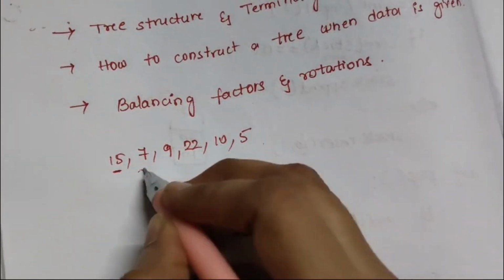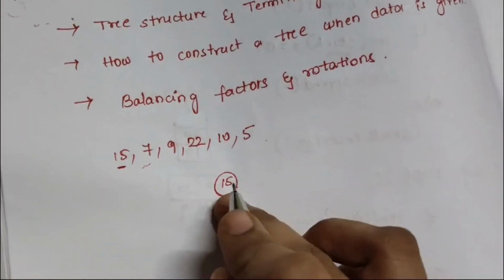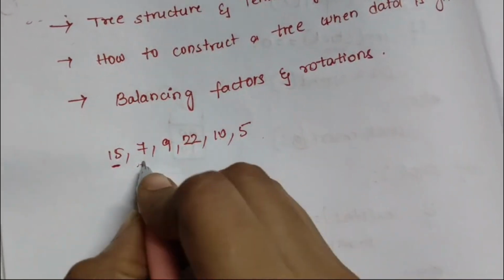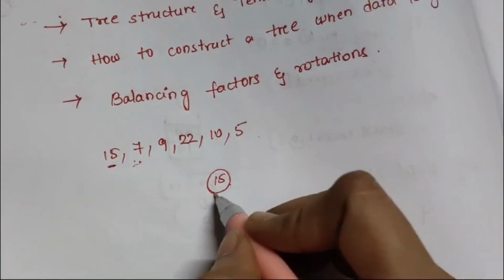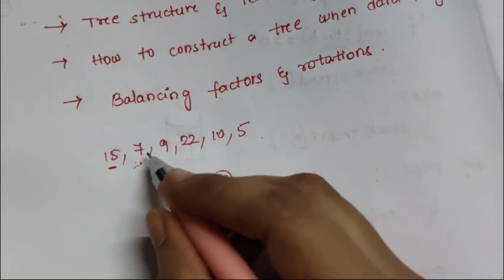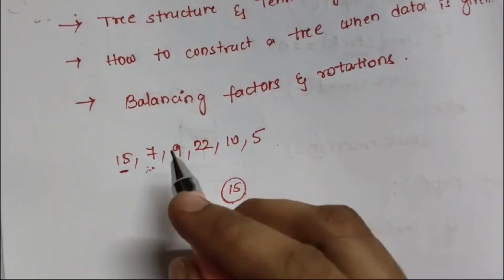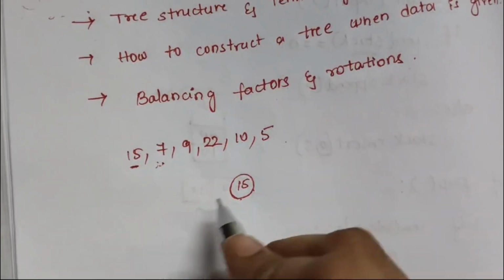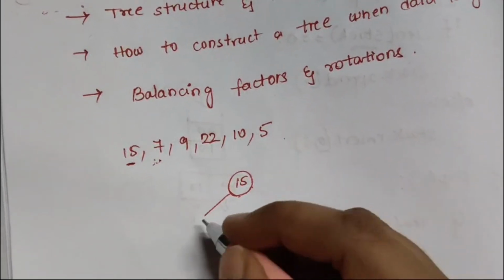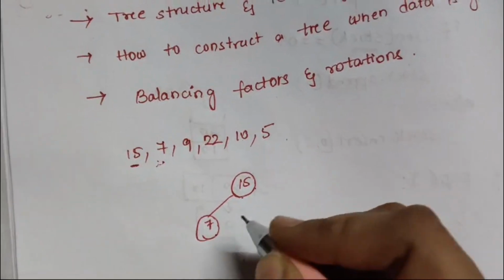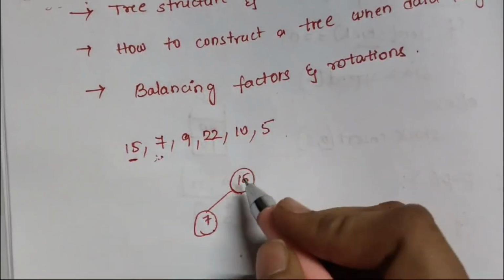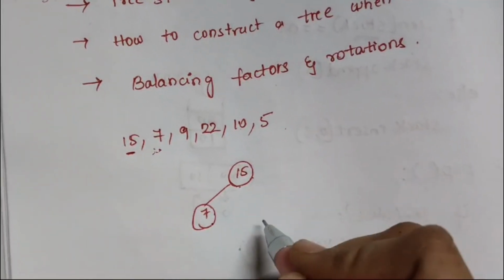And the next number, you need to compare it with the root node. Suppose we take 7, compare it with 15. Is 7 less than 15 or greater than 15? If it is less than the root node 15, then you should draw it on the left side. If the number is greater than 15, then you need to draw it on the right side.